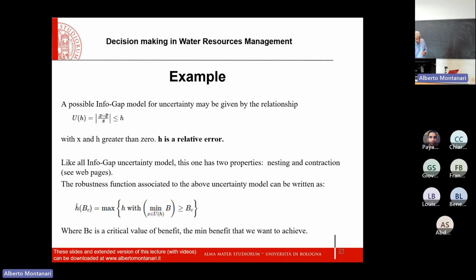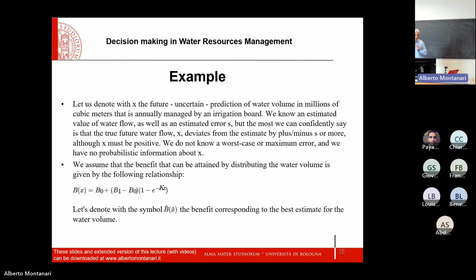But what I am referring to here is very generic. You always have a best estimate for a prediction, but there is an associated uncertainty which cannot be rigorously quantified.